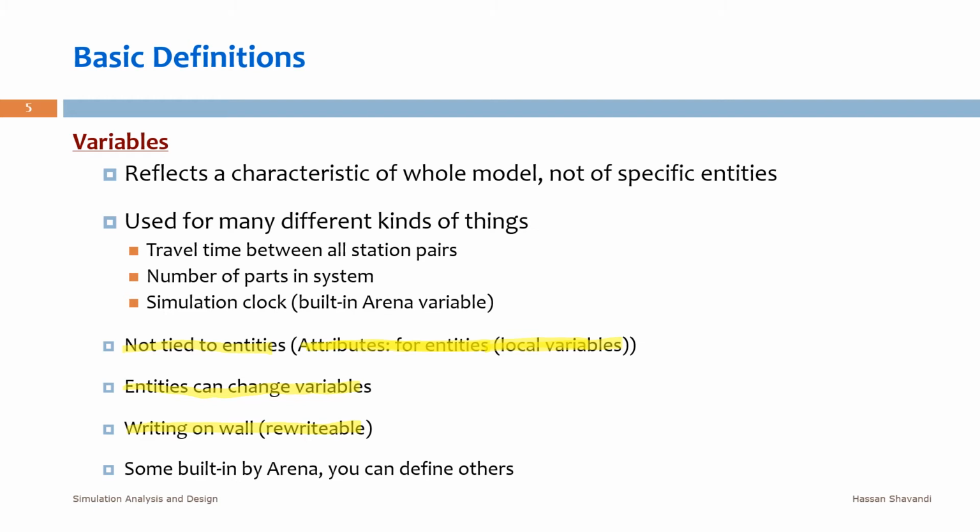So it looks like a tag, but not a tag on entities. It's a tag on the wall for the whole system. And in Arena, we have some built-in variables, and we can use them in our simulation model. But if we need, we can define our own variables in our system.